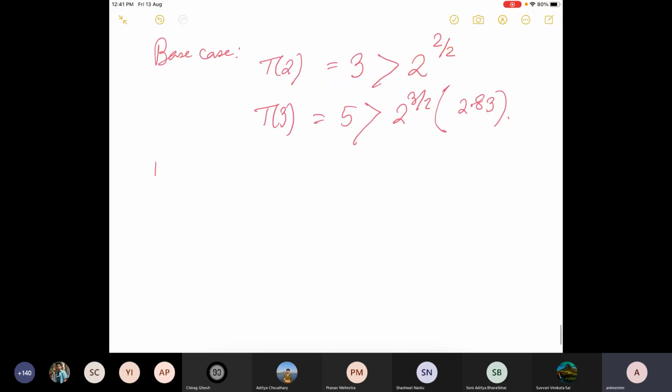Okay, so the induction hypothesis. Can anyone tell me the hypothesis? We assume Tn to be true and then prove Tn plus 1 to be true. We assume Tn and Tn plus 1 to be true for some n greater than or equal to 2.